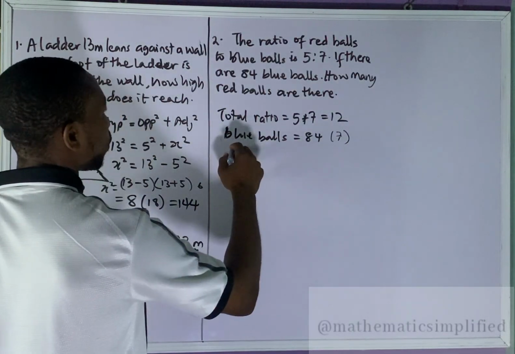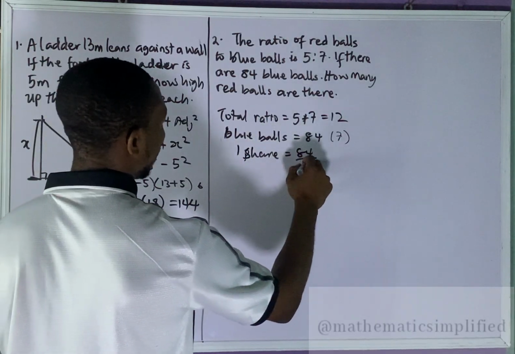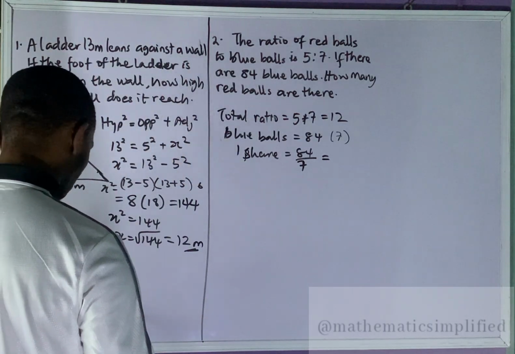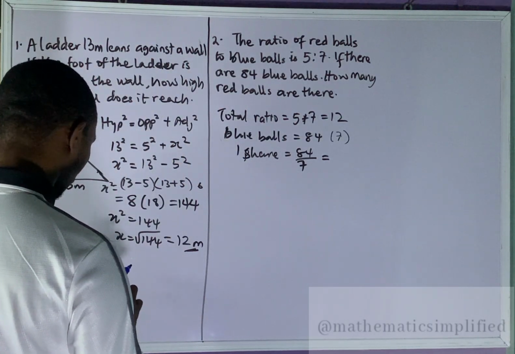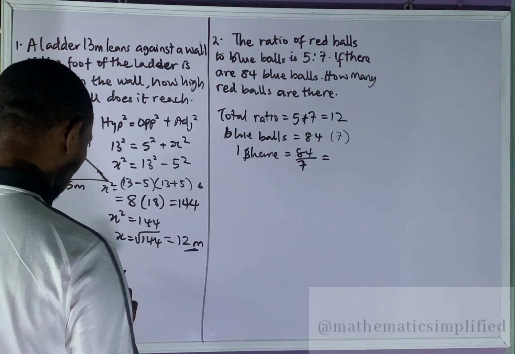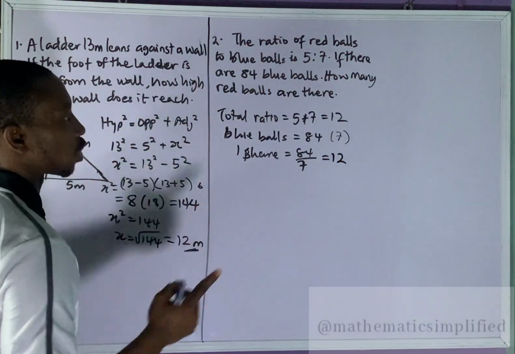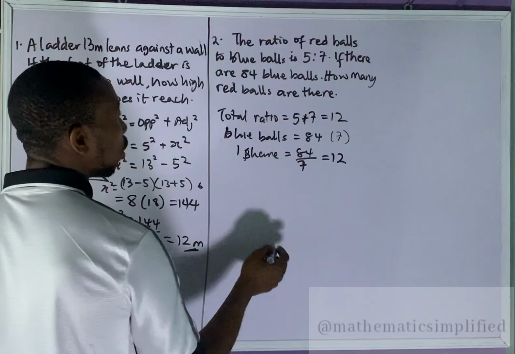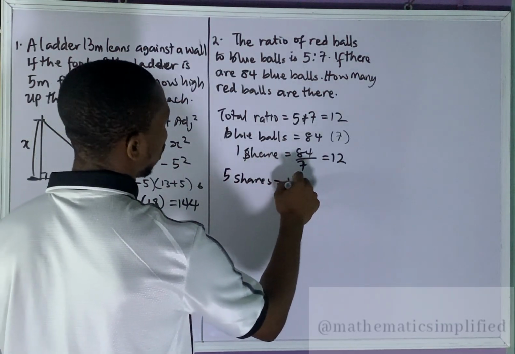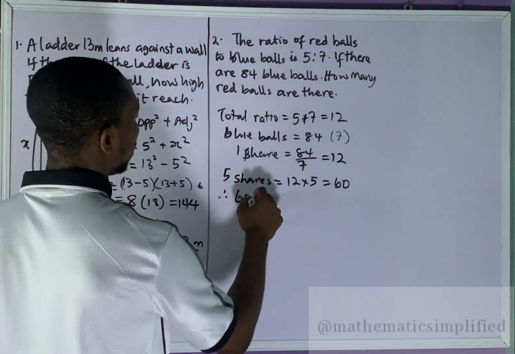So for one portion, or one share, it will be 84 divided by 7, which gives us 12. Okay, so that means one share is 12. So for 5 shares, 12 times 5 will give us 60. So therefore there are 60 red balls in the bag.